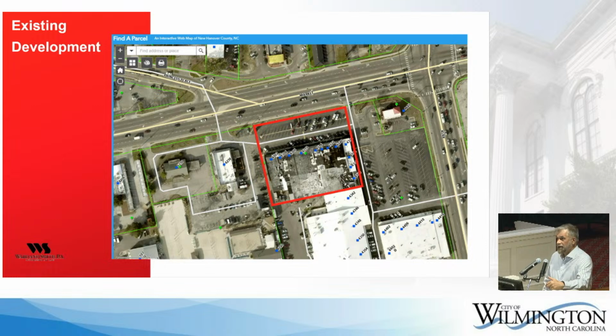The site plan is evolving, and so what Mr. Rademacher showed you in the staff report was current as of the time of the application. It's evolved since then. I'll show you the current evolution of the site plan on the screen in just a moment here.